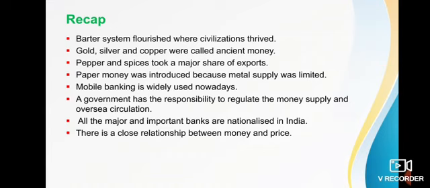Due to the scarcity of metal, they began to use paper as currency. Mobile banking is widely used nowadays. Government has the responsibility to regulate the money supply and oversee circulation. All the major and important banks are nationalized in India. There is a close relation between money and price.